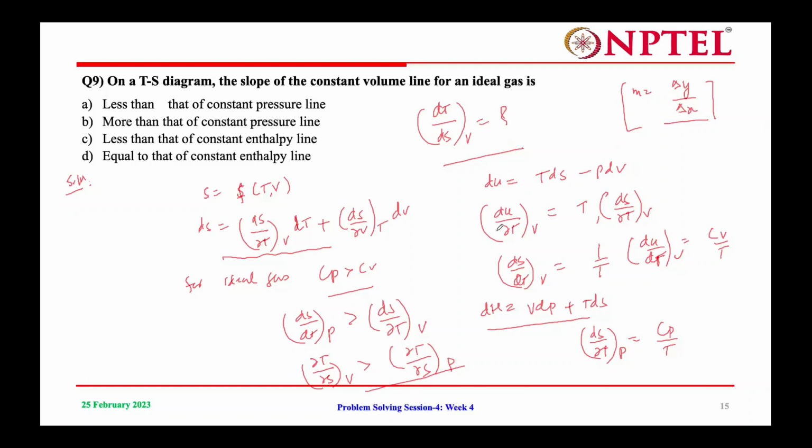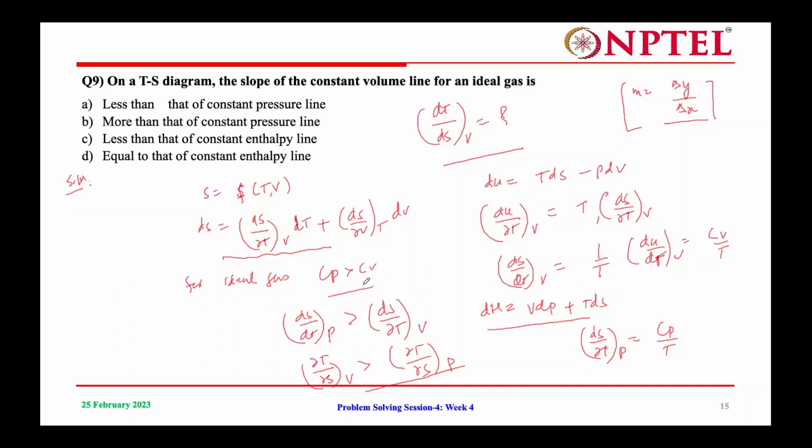From the internal energy relation, du by dT at constant v is equal to T ds by dT at constant v, then ds by dT is equal to 1 by T, so du by dT we can write as Cv, so Cv by T. Similarly from enthalpy, ds by dT at constant p equals Cp by T. Now for an ideal gas Cp is greater than Cv.